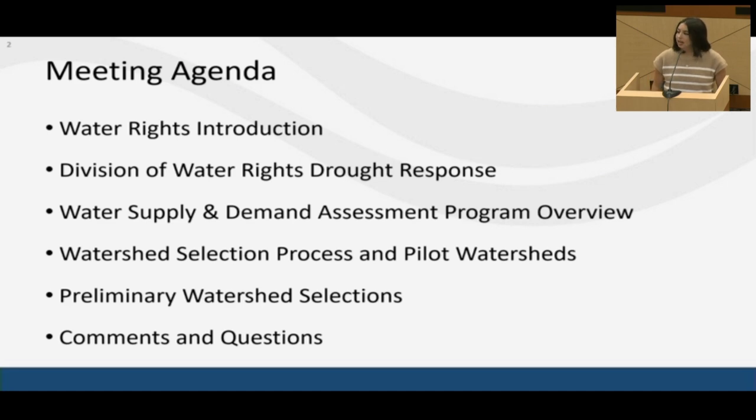And then the second half of today's presentation is going to go through the actual watershed selection process, and we'll introduce a handful of pilot watersheds that we are already starting work on, as well as present our list of preliminary watersheds, and that's what we're hoping to receive feedback on, is that list. And then lastly, we will hold some time at the end of today's meeting for feedback, comments, and questions.